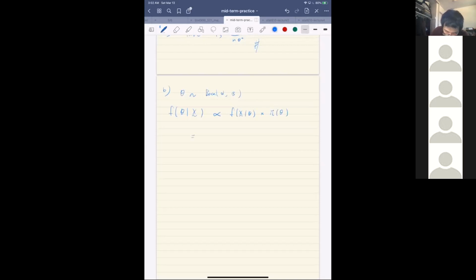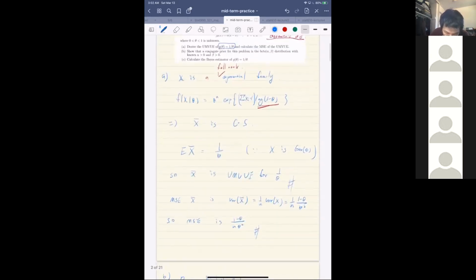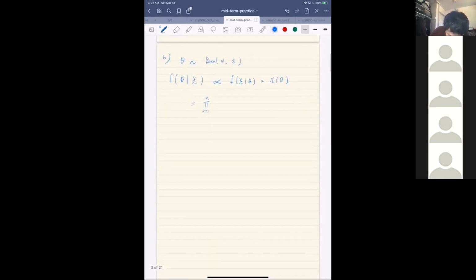So we can calculate this. This is equal to the product from i equals 1 to n of theta times (1 minus theta) to the xi minus 1, and also the pi of this, the beta.